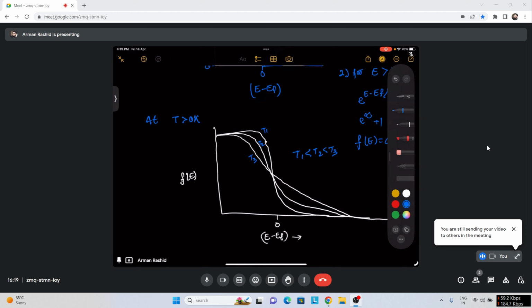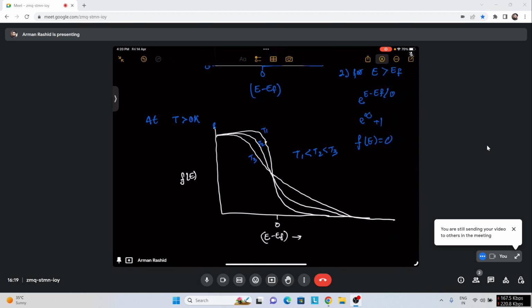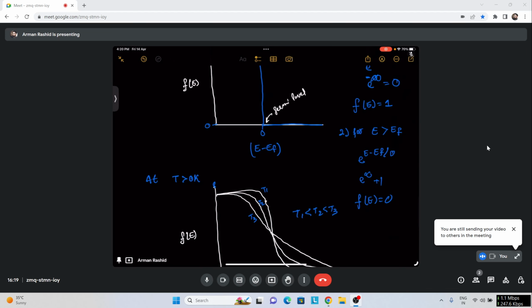This is how the Fermi energy distribution changes as a function of temperature. But because of the half integral spin of the fermions, whereas for bosons there is no such thing.